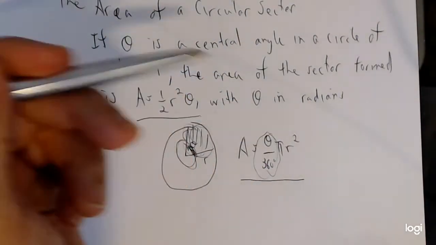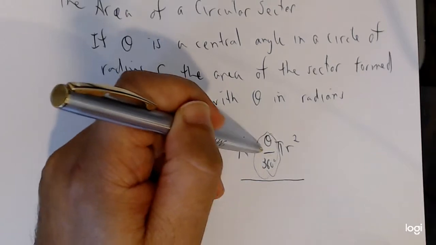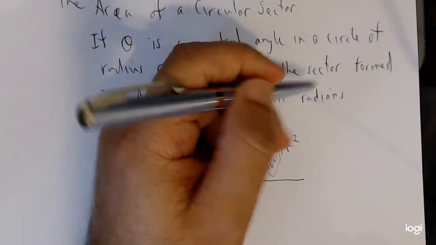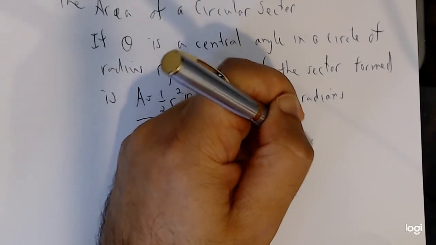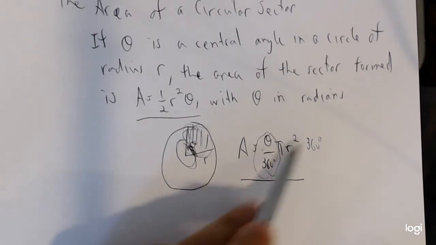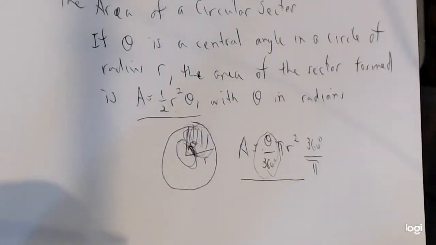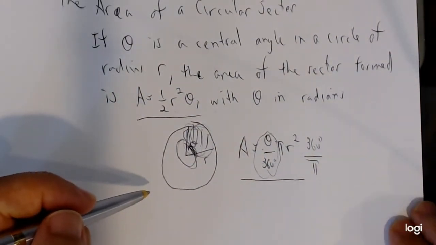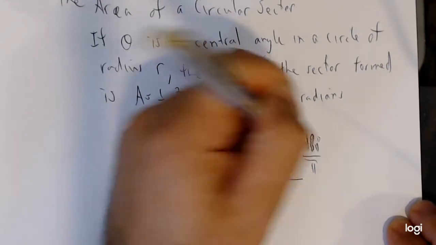Thinking back to the last section, how do we convert theta over 360 degrees into radian measure? We multiply by pi over 180 degrees, because we want the degrees to cancel out. Oh, not 360, sorry, this should be 180, because remember our conversion was 180.